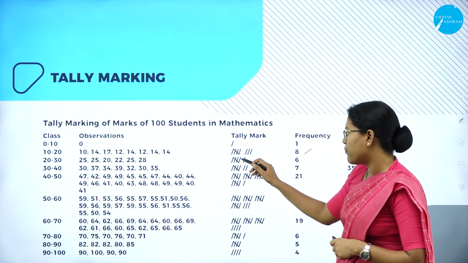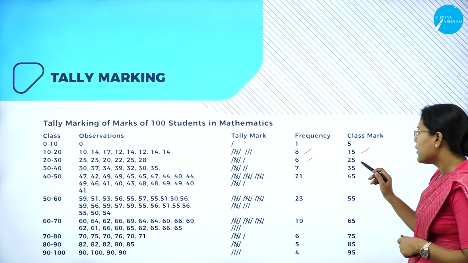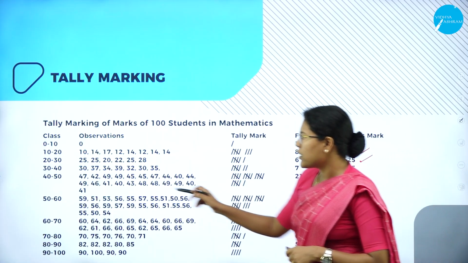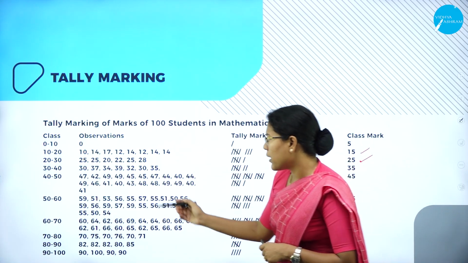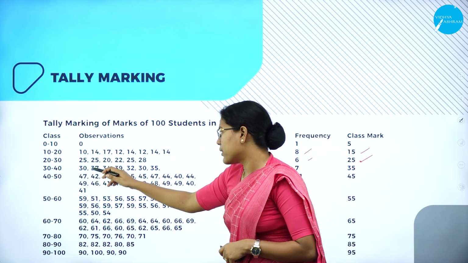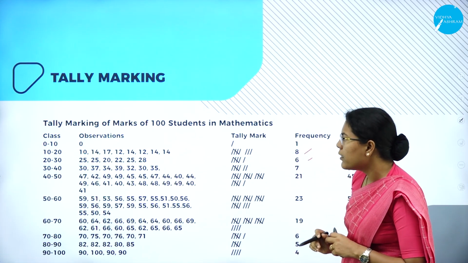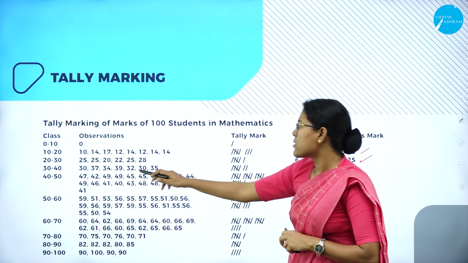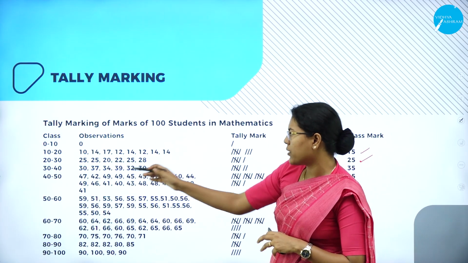So 1, 2, 3, 4, 5, 6. Frequency is 6 and class mark is 25, that is 20 plus 30 divided by 2. The same thing continues, like in 30 to 40, there are marks like 30, 37, 34, 39, 32, 30, 35, like that. So here the tally marking shows there are 7 students or 7 marks which come under 30 to 40.